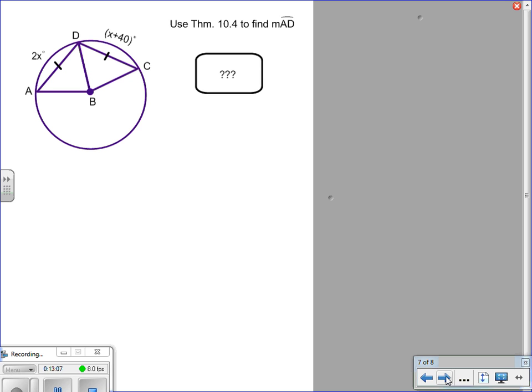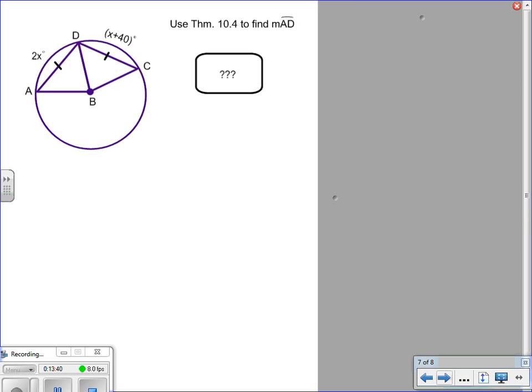So now I'm going to go through my list of all the theorems I've memorized, and I understand that when I see two chords marked congruent, their corresponding minor arcs are going to be the same as well. So in order to find X, I'm going to set those equal to each other. Work through that, make sure you get your answer for X, and then we will go over that answer tomorrow in class.